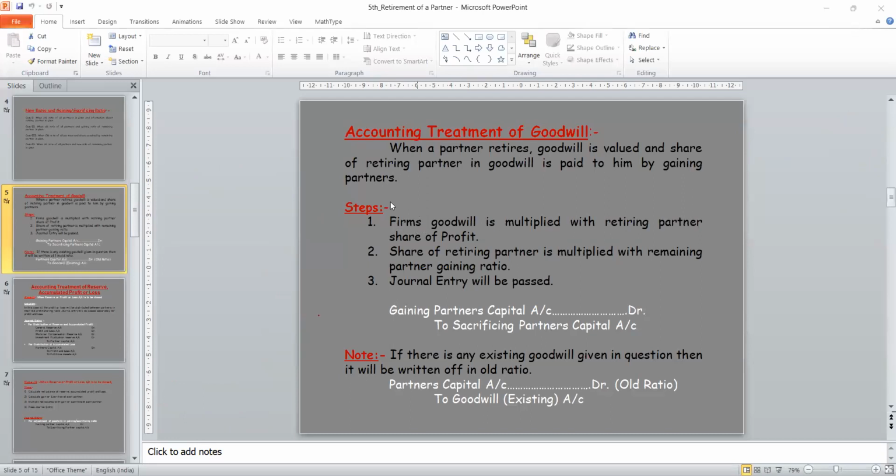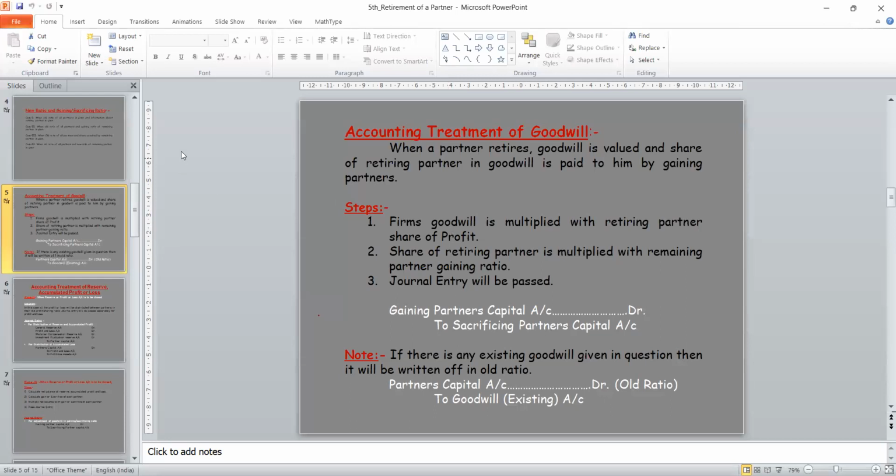Firm's goodwill, generally the goodwill of the firm will be given in the question. So we cannot give all the goodwill to the retiring partner, because in the firm's goodwill there are shares of other partners also. So the retiring partner will get his share only.